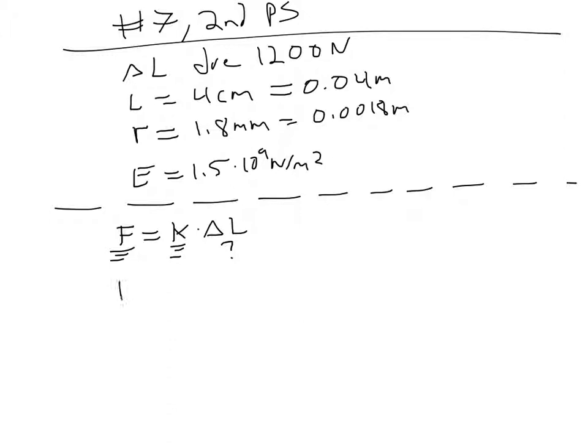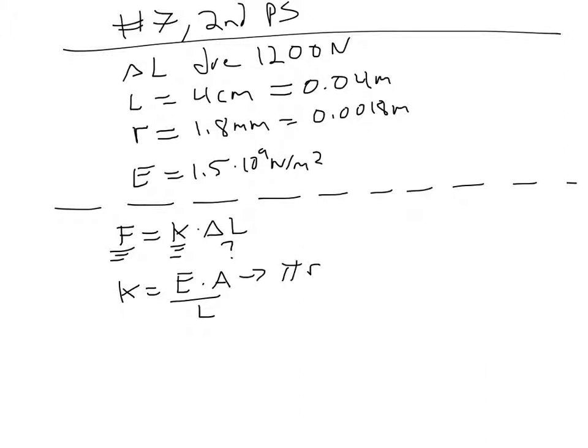So the tendon stiffness, K, is equal to the modulus of elasticity times the area divided by the length of the tendon.